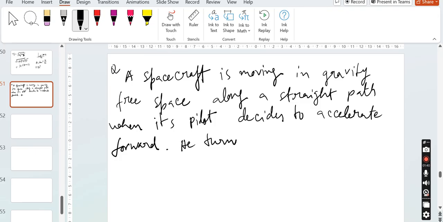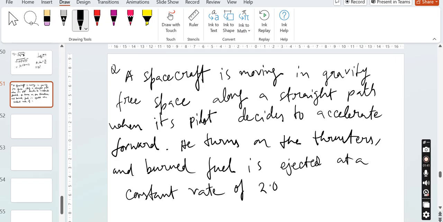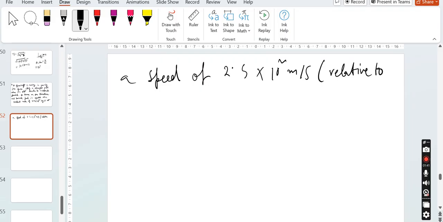He turns on the thrusters and burned fuel is ejected at a constant rate of basically 200 kg per second at a speed of 2.5 into 10 square meter per second. This is relative to the rocket. Basically, this is v.